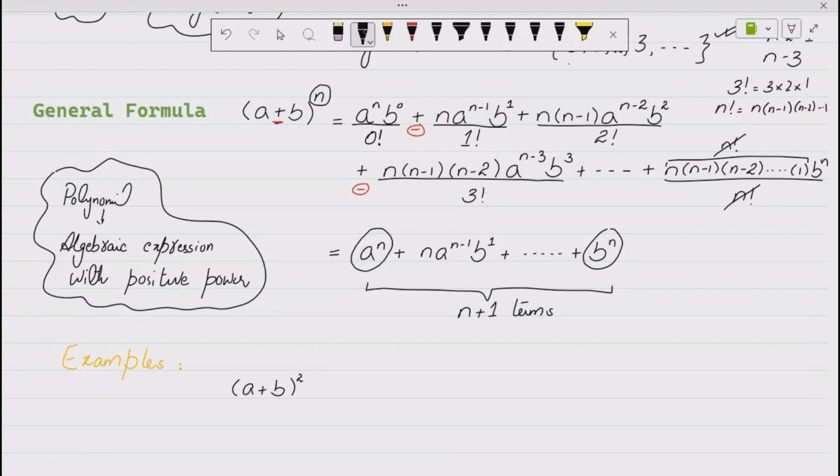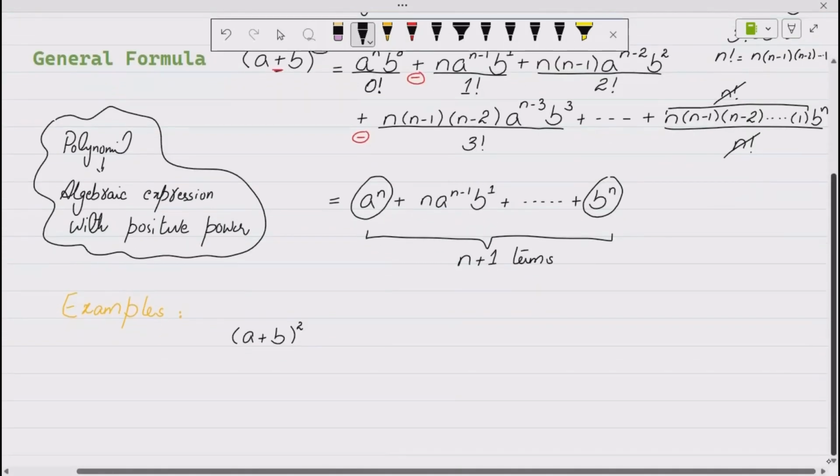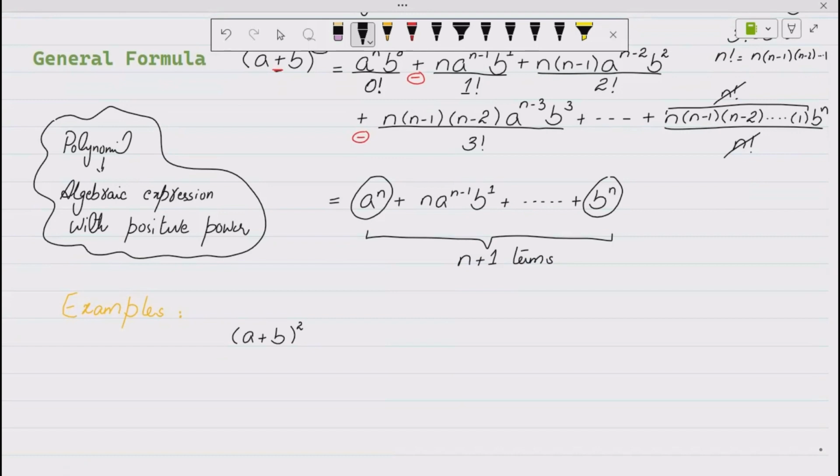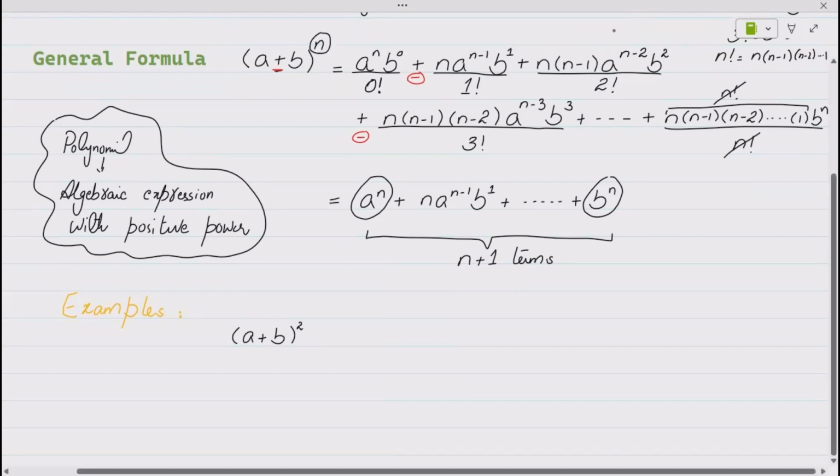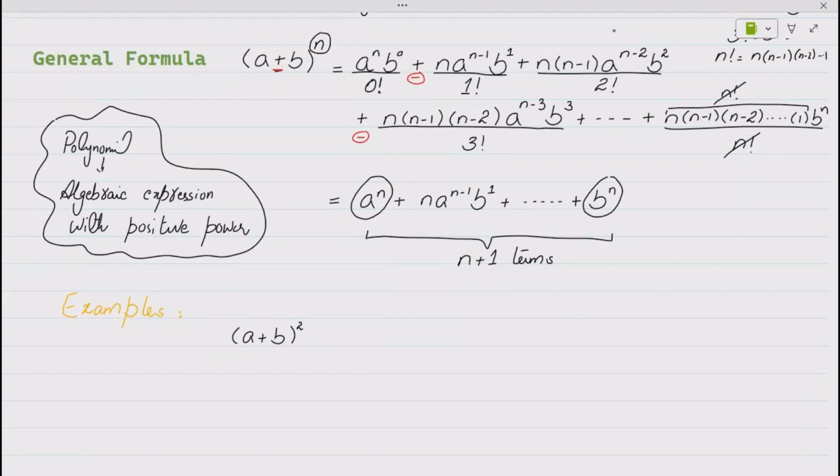This formula comes from the binomial expansion, and today you will see how it comes. Okay, so we have a plus b to the power square, and we don't know the formula of this a plus b whole square. But if we know the expansion of the binomial, we can make the formula for any power: a plus b to the square, a plus b to the cube, a plus b to the power 4, and we will see this in the example.